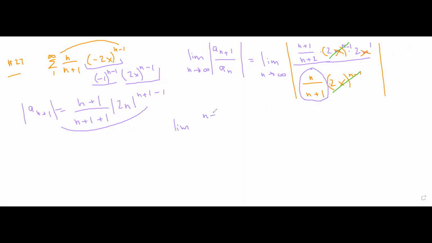So we're going to have n plus 1 times another n plus 1 on the top, and n times n plus 2 on the bottom. Okay. It looks like by L'Hopital's rule, I will definitely be able to take care of this limit when n approaches infinity, because the other piece is just 2x. So that's the part that I care about in terms of absolute values.